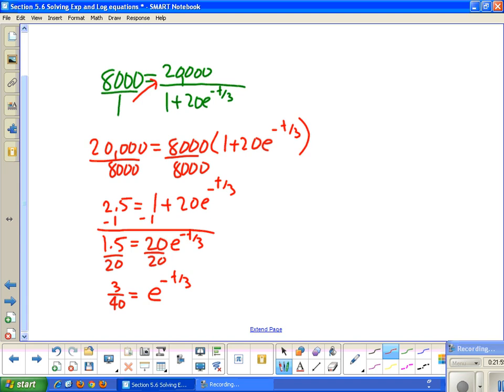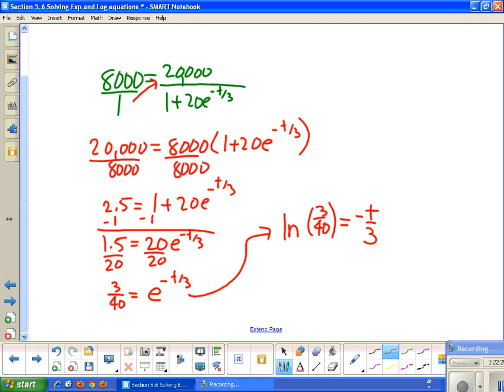Now that we have just the exponential part by itself, to solve for the exponent you do the inverse, and you can now use natural logarithms. You can take the natural log of both sides, or you can just write this in natural log form. So natural log base e of your answer, 3 over 40, gives you your exponent, which is negative t over 3.